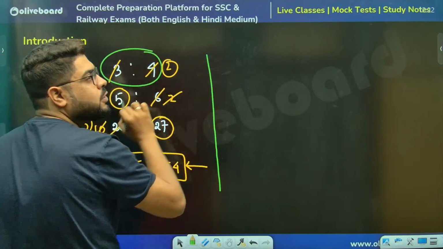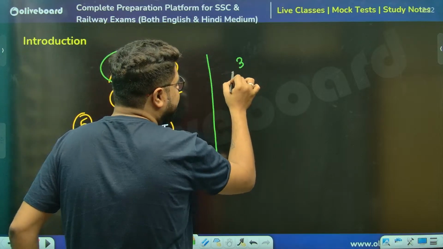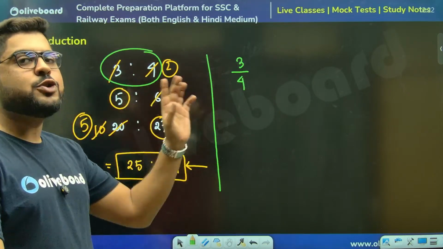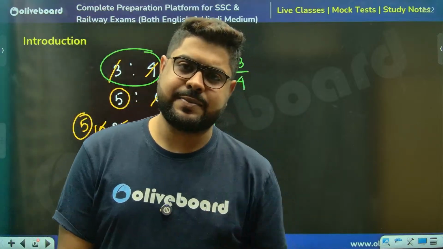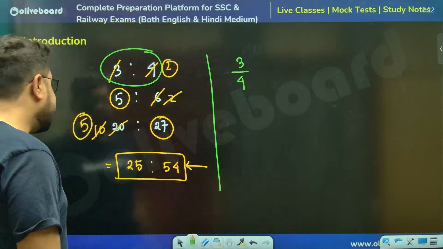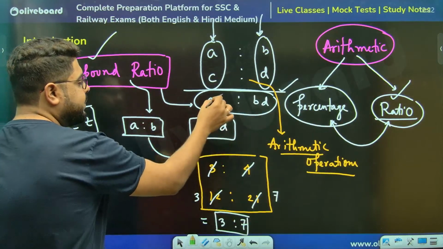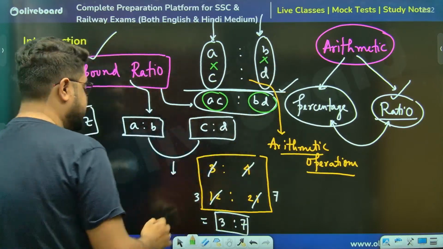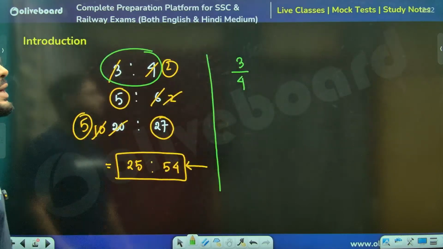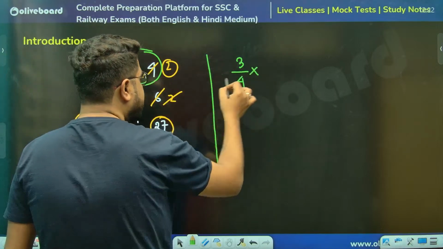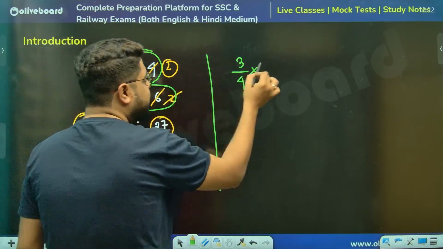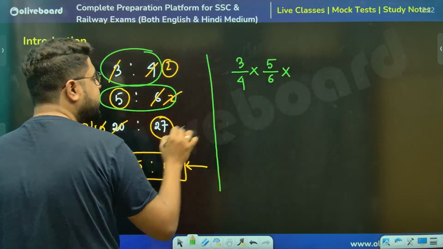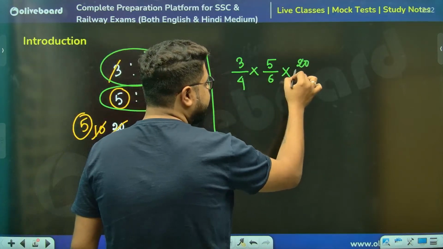3 ratio 4. Sir, any ratio can be written as a fraction. And compound ratio means what? It means multiplication. It means at the end of the day, multiplication: A into C, B into D. So multiplication means into, sir. Second ratio is 5 into 6, third ratio is 20 by 27.